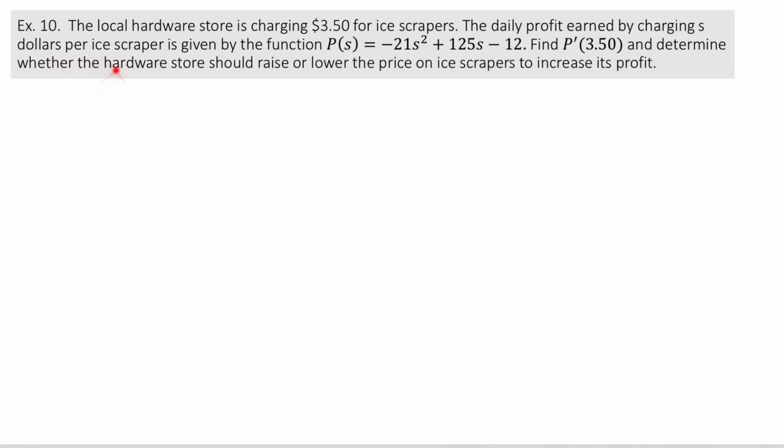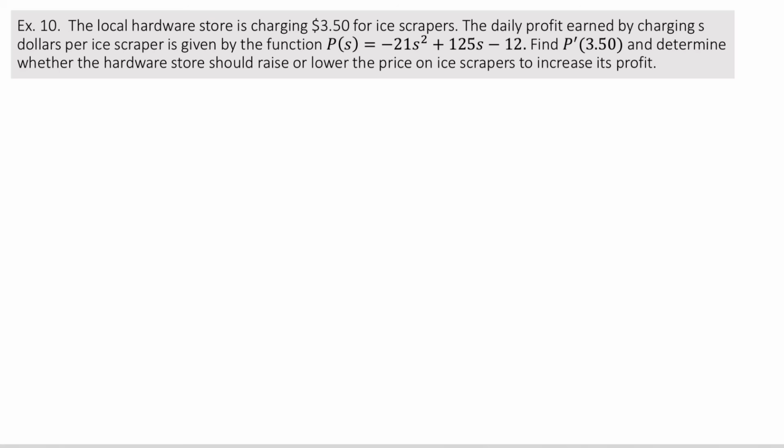And determine whether the hardware store should raise or lower the price on their ice scrapers in order to increase its profit. All right, so what we're going to do is find the slope of the profit function, and if the slope is decreasing as the price increases, we're going to say you need to not increase the price of the scraper or you're going to lose money.